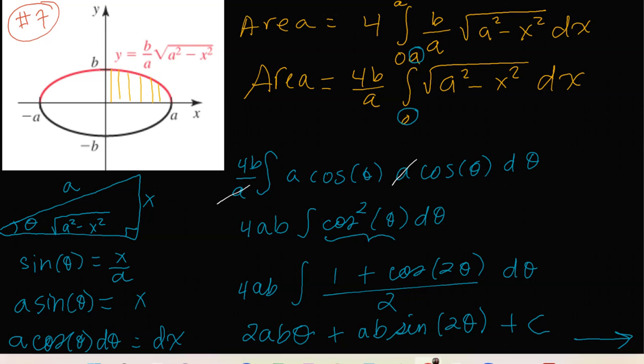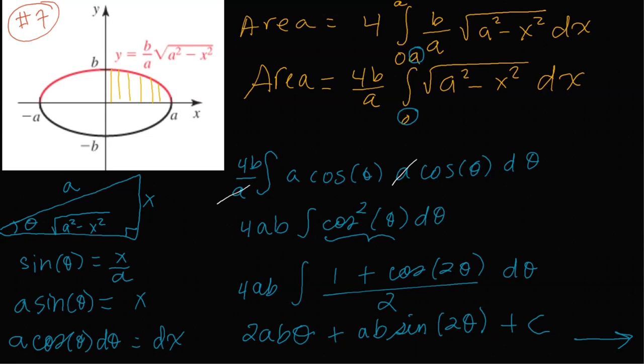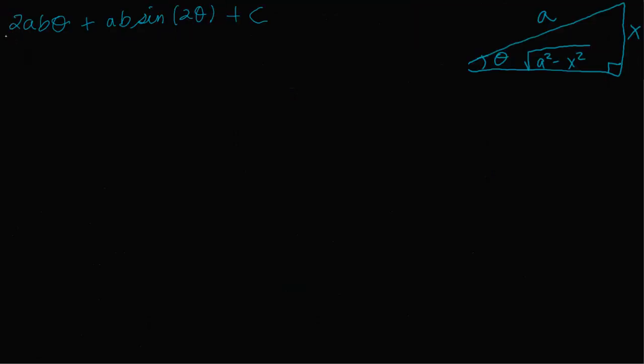I'm going to go ahead and copy that over. So everything is good except for we have sine of 2 theta, and here to reference we know theta, the angle theta, not 2 theta. So we have to change that and say that is 2ab theta plus sine of 2 theta is 2 sine cosine. So that would be 2ab sine of theta cosine of theta plus c.